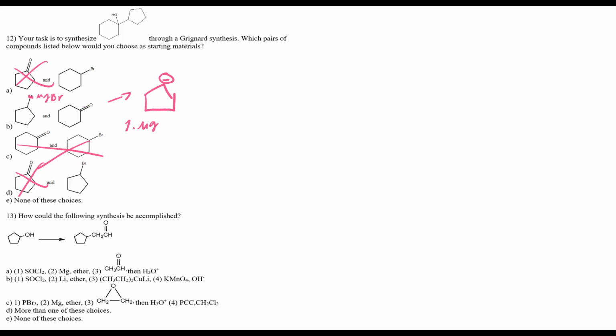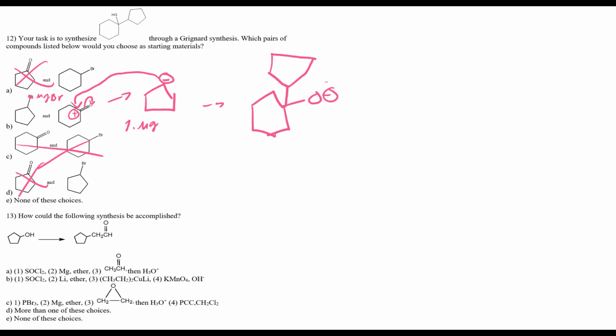Now this bond is going to break out towards the oxygen, making a positive carbon, and this negative carbon is going to be attached to the positive carbon. So this is what we have now: a cyclohexane with an alkoxide, and then we also have a cyclopentane. It's pretty ugly, but it's alright.